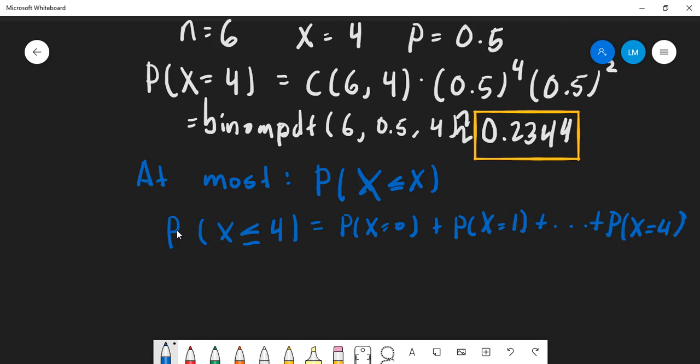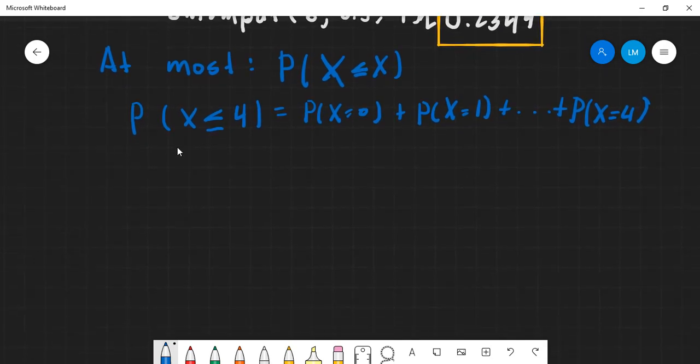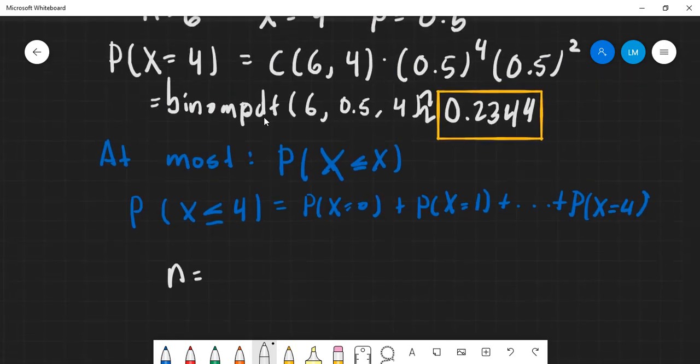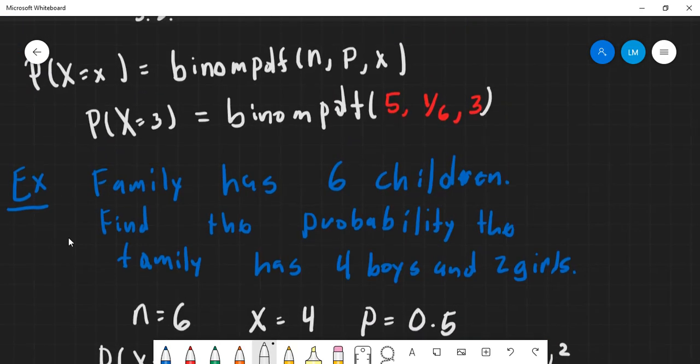So let's say that we wanted to find that probability. If a die is rolled, let's see, I think we said 5 times. Let's just go back and make sure.